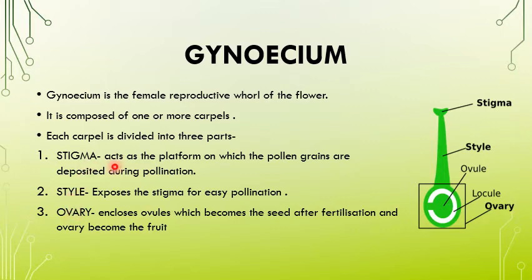The stigma acts as a platform on which the pollen grains are deposited during pollination. The style is the part that exposes the stigma for easy pollination and the pathway through which the pollen tube travels. And the ovary encloses the ovule, which becomes the seed after fertilization, and the ovary becomes the fruit.